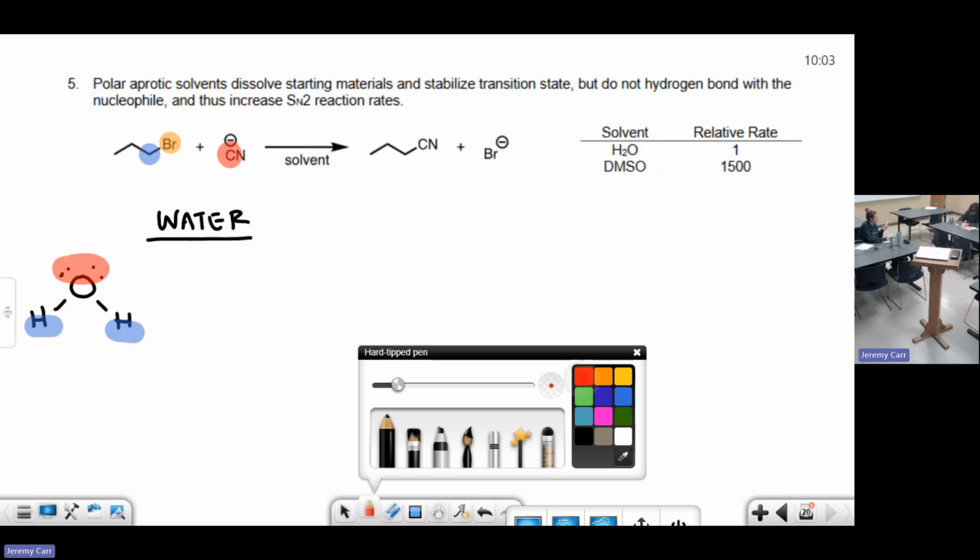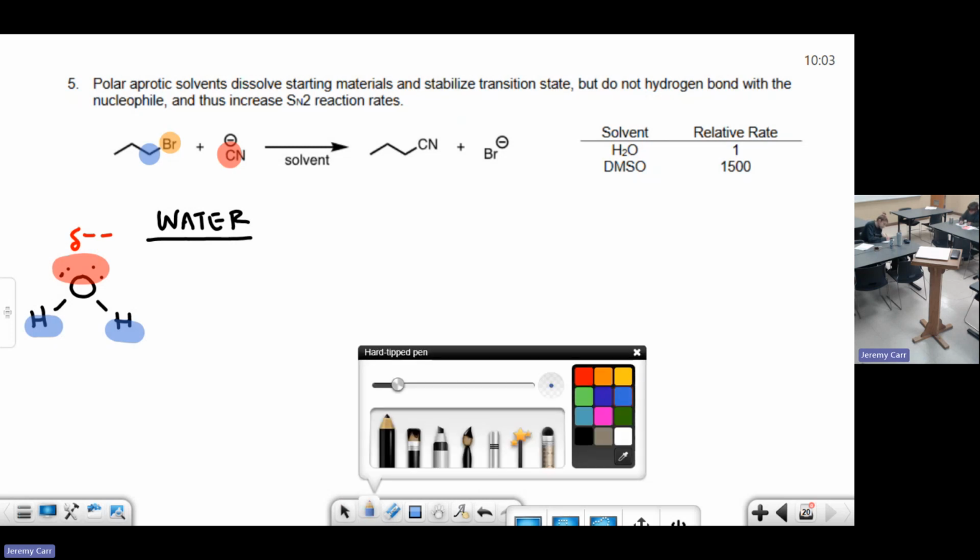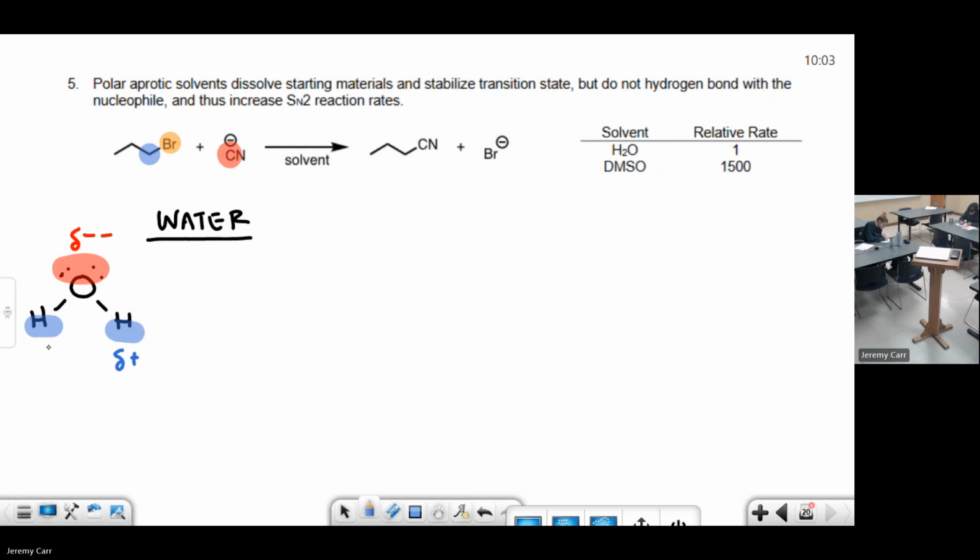So we would say that this is partially negative. Let's say partially double negative, I'm sorry. And then let's say the hydrogen atoms are going to be partially positive. So this is in essence what polarity is all about. You have a partial negative on one side, you have a partial positive on the other side. So it's polar.